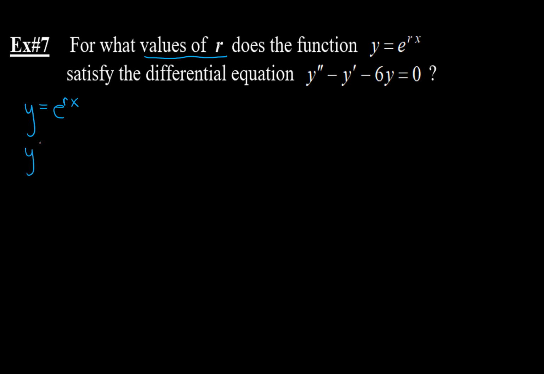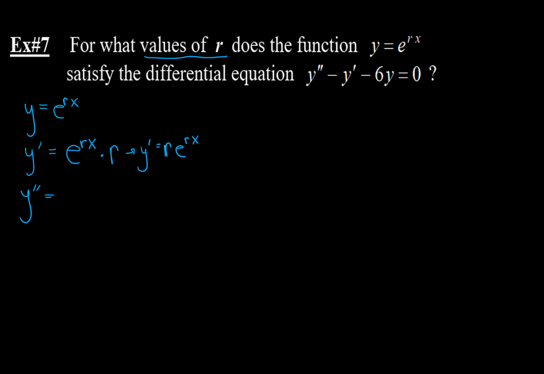All right, now we've got to take the first derivative. The derivative of e to the u is e to the u times u prime. So I'm just going to rewrite that, putting the r first. Now y double prime.